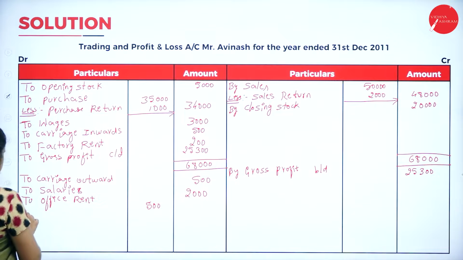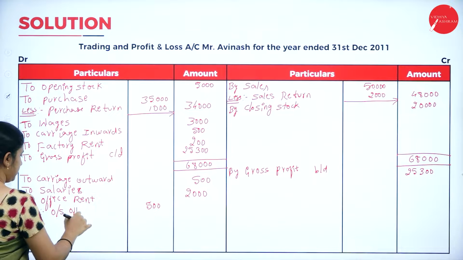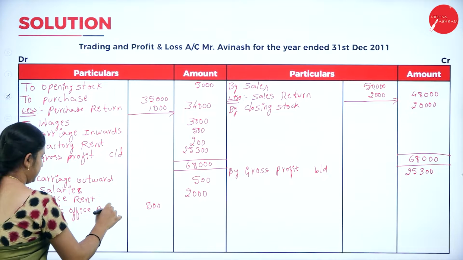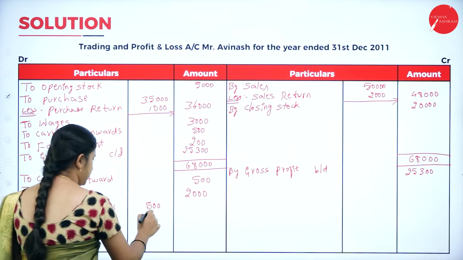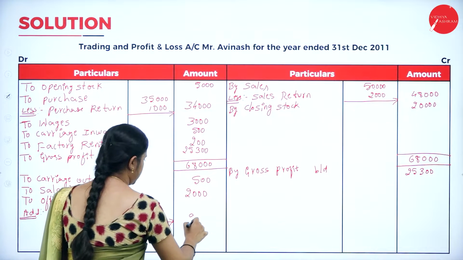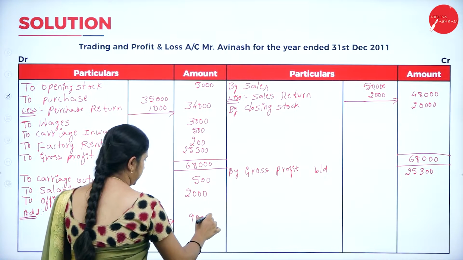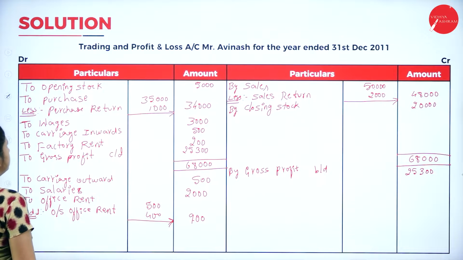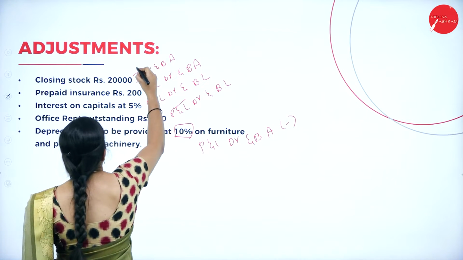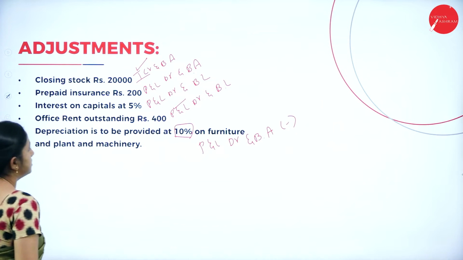And we have outstanding, so add outstanding office rent rupees 400. Add both, 900 in the outer column. Now we finished this one.